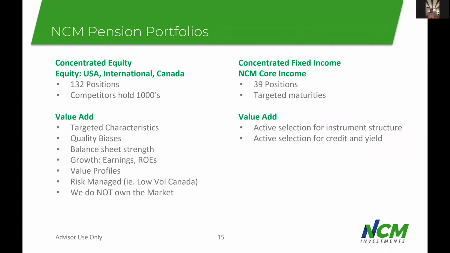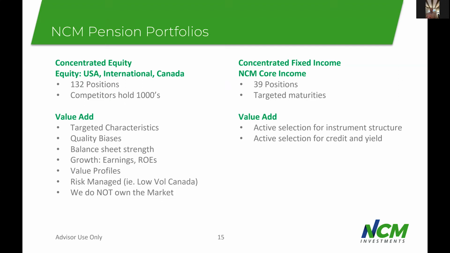So to recap on concentrations and active management, I'll say that they actually go hand in hand. And in the context of our global balance funds and the pension funds are fairly well concentrated.